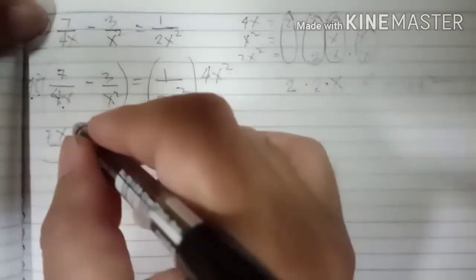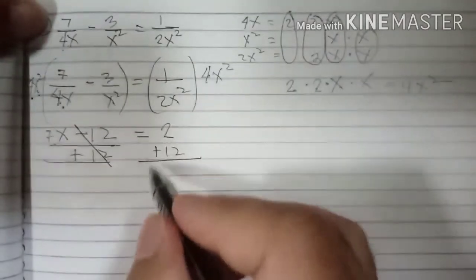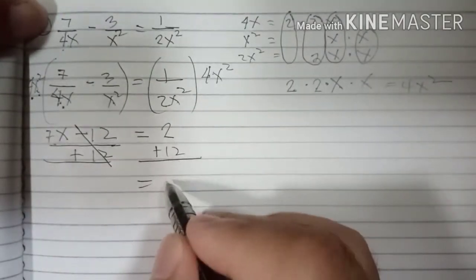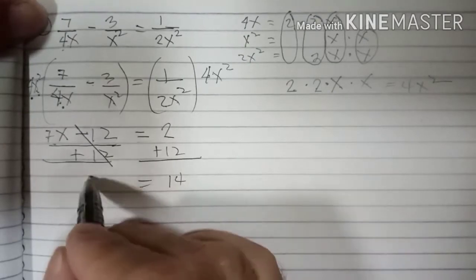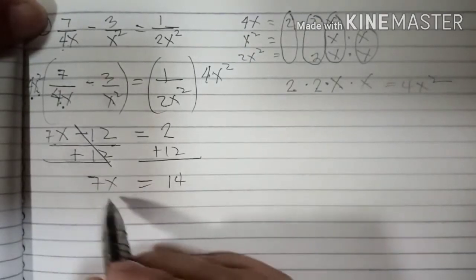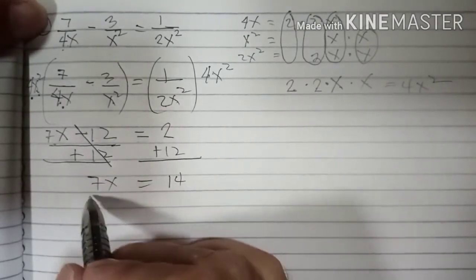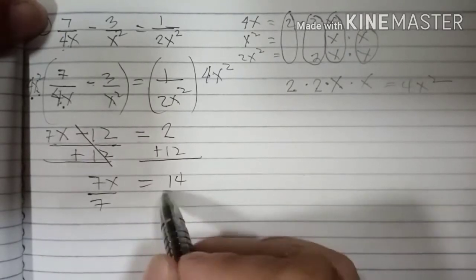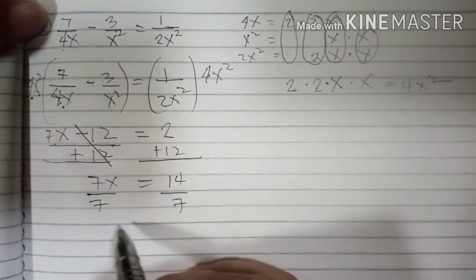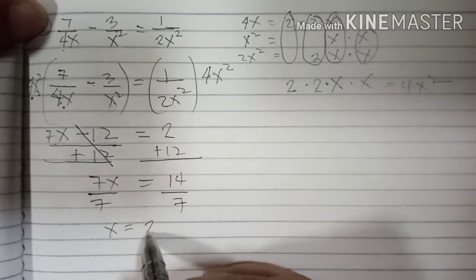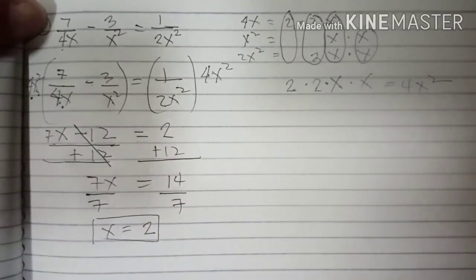We cancel this one, and 2 plus 12 is 14. So 7x equals 14. By the multiplication property of equality, or we could divide directly by 7. So our x is equal to positive 2.